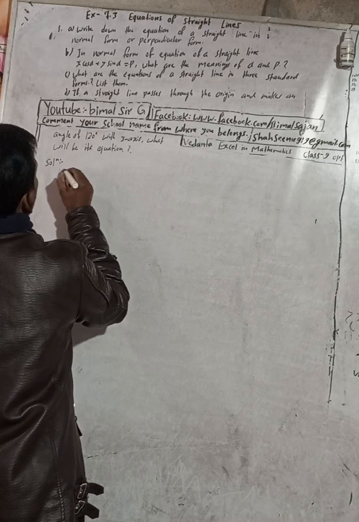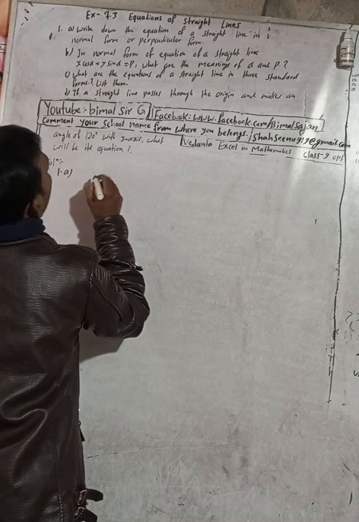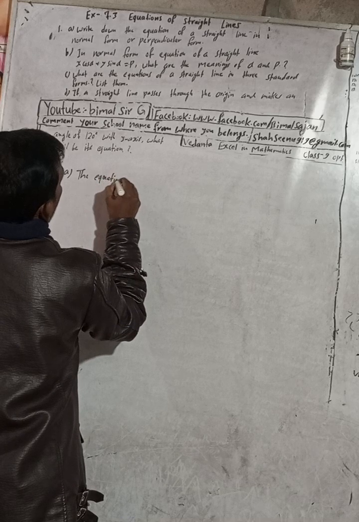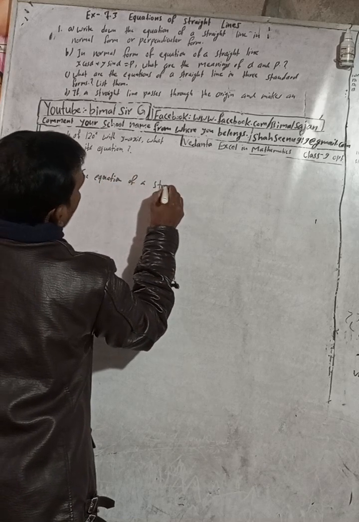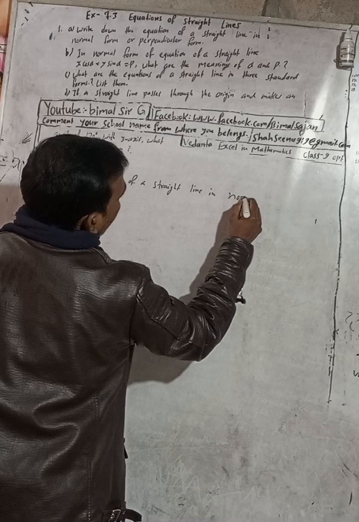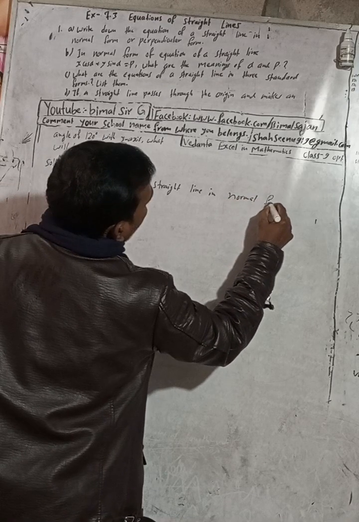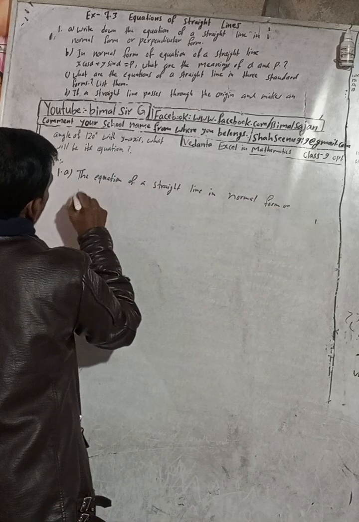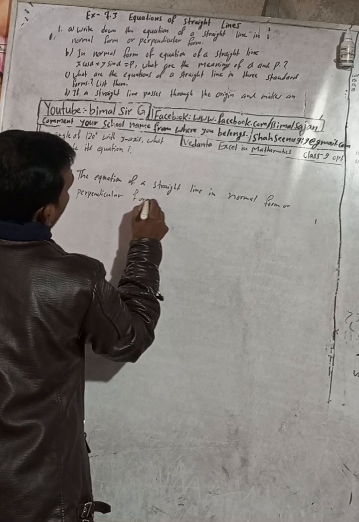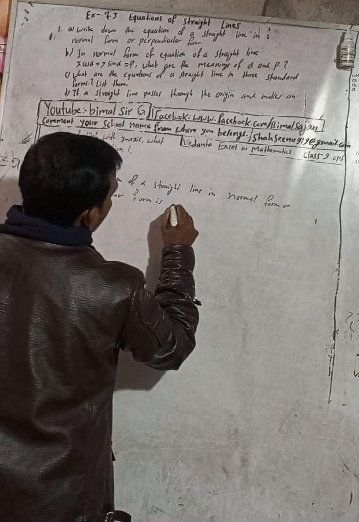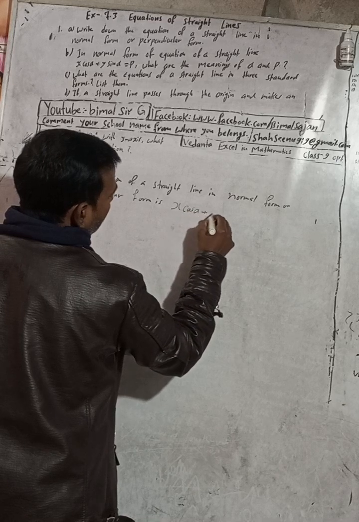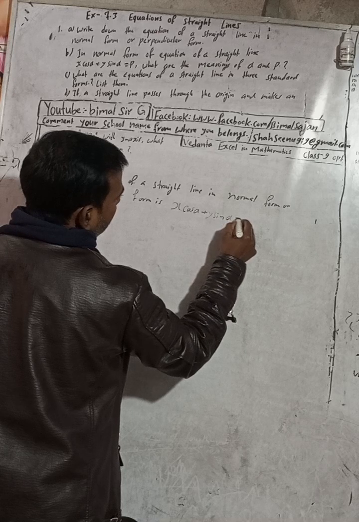So the equation of a straight line in normal or perpendicular form is x cos alpha plus y sin alpha is equal to p.